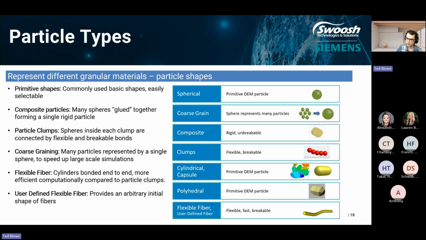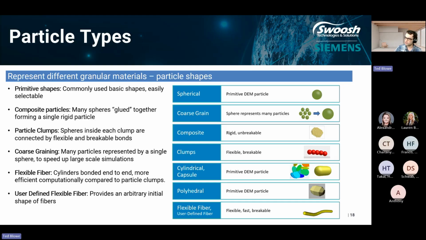And the polyhedral is the highest shape fidelity because you can construct it in an arbitrary faceted way. So you can fully define the shape. It's important for packing or interlocking simulations, but the trade-off is that it's the most computationally expensive particle type.